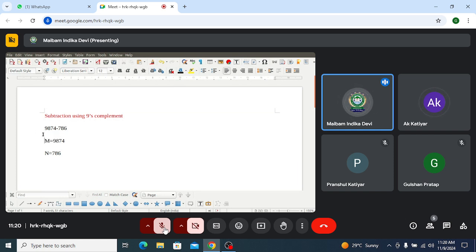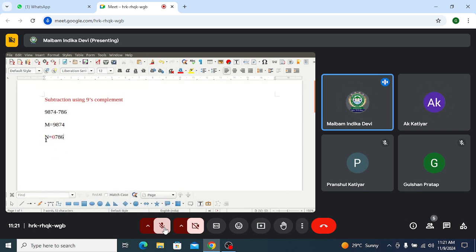Do these two values have the same number of digits? No, ma'am. So you will include a zero, because one has 4 digits and the other has 3 digits. The first step is to make these two the same. Now in step one, take nines complement of n.